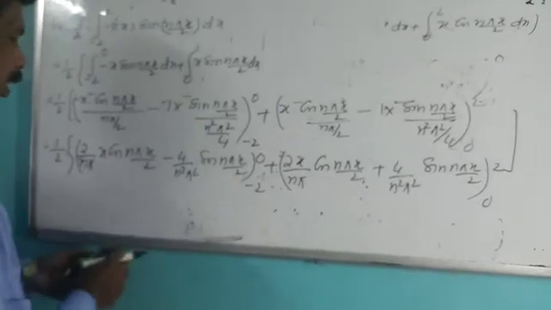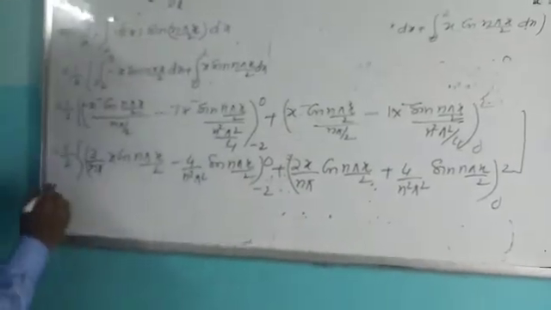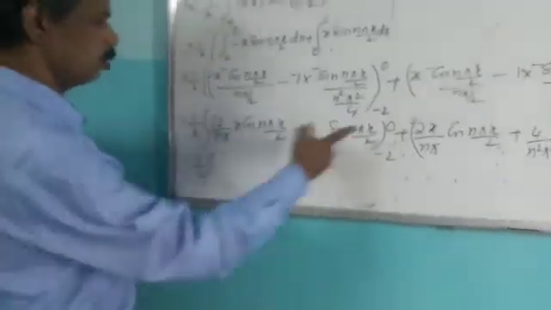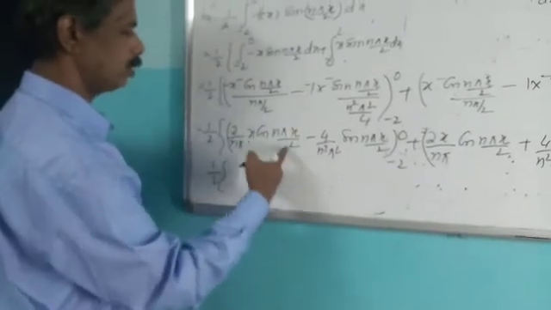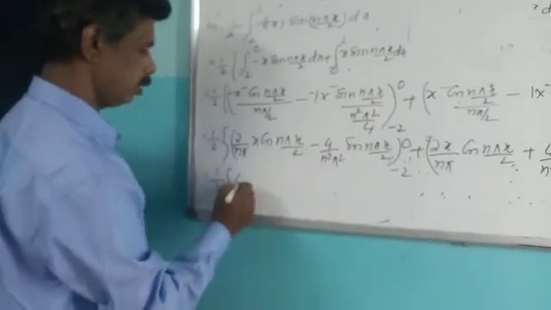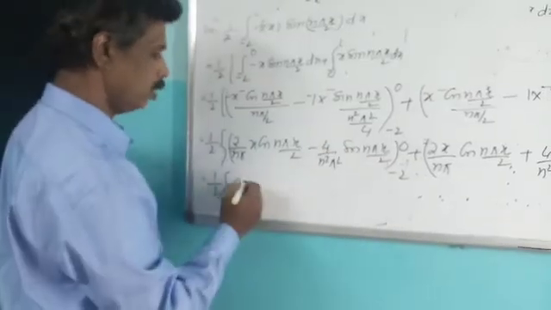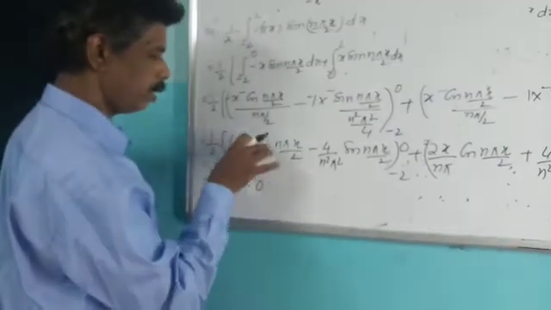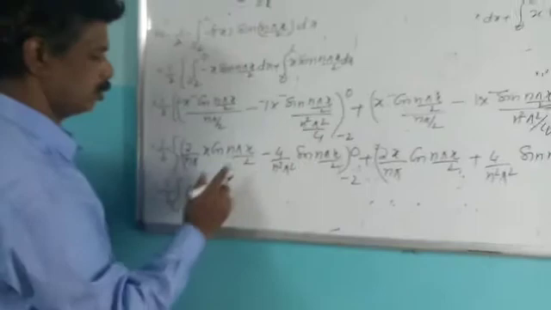Applying the upper limit and lower limit, that is 1 by 2 into, put 2 here, 0 becomes this term 0. Here also sin 0, that is the upper limit. Applying the upper limit, both terms become 0.